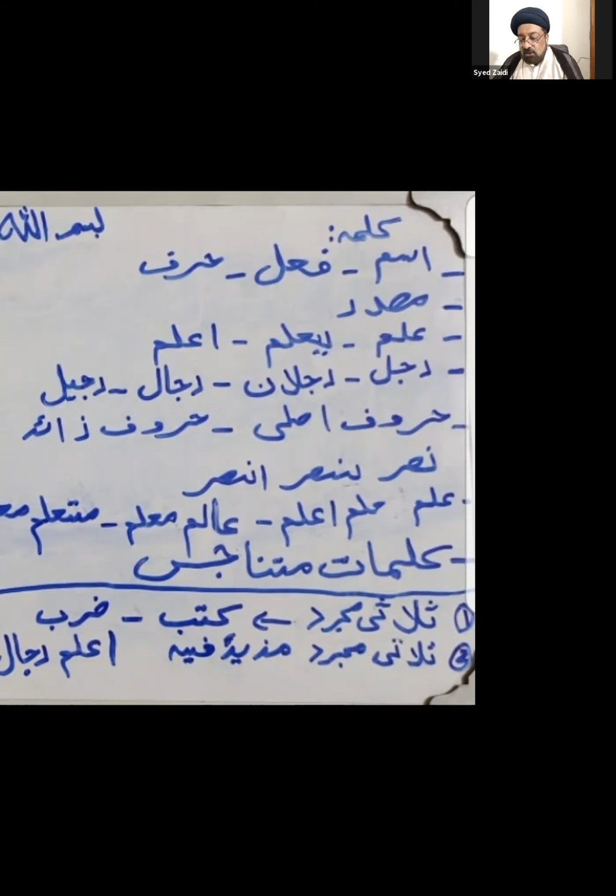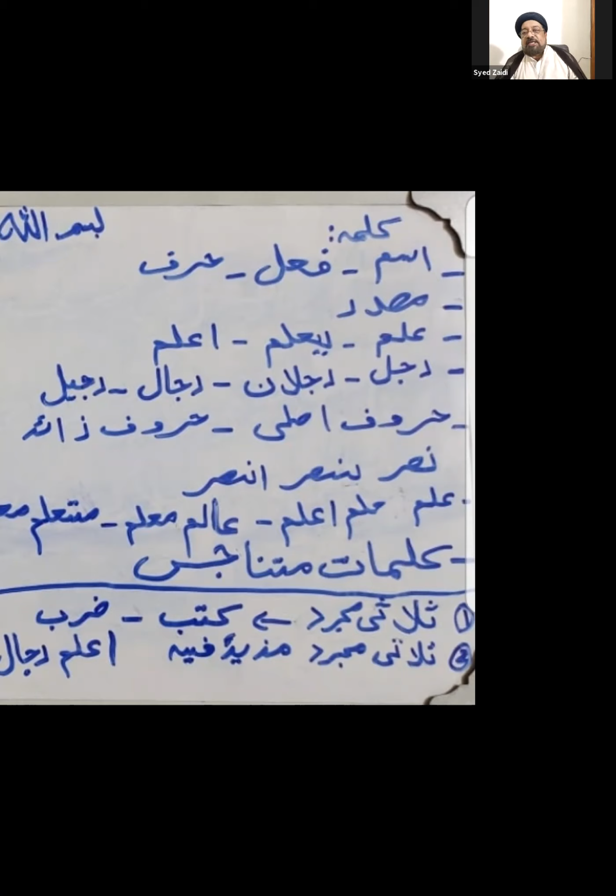So there are ways of distinguishing between huruf zaid and huruf asli. I'm going to mention just one of them at the moment, but later on, we will find other ways as well.